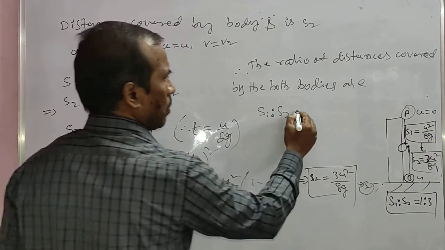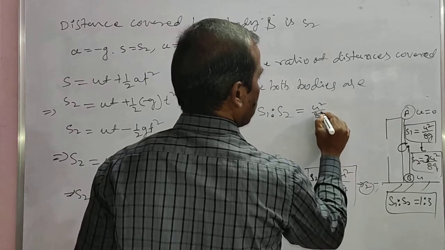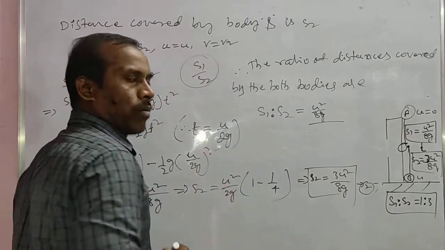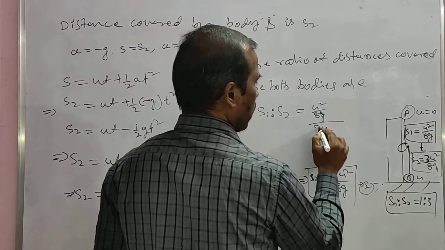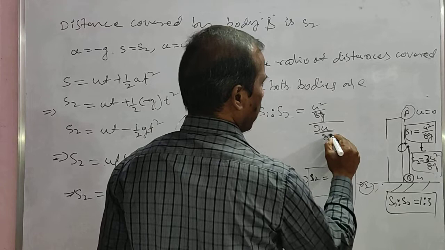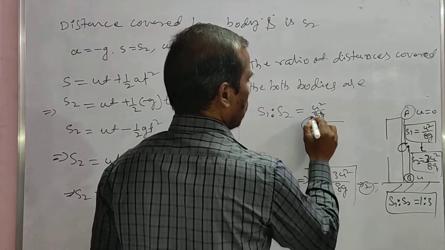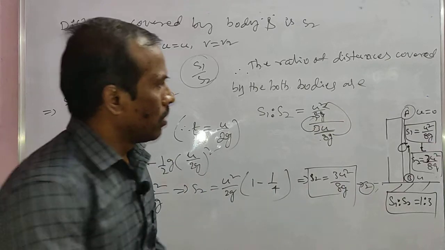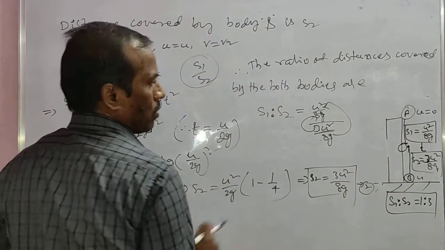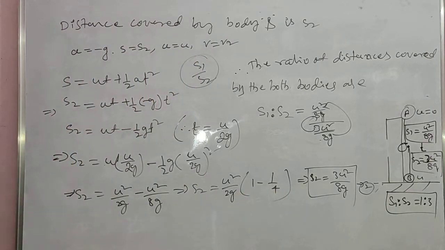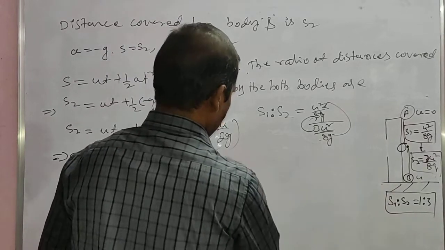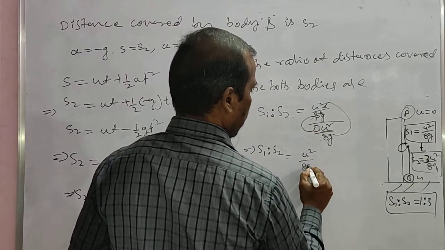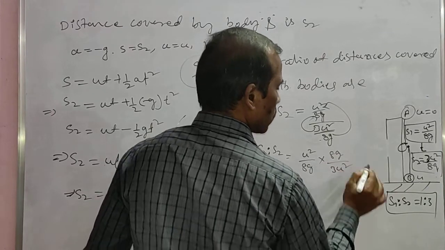S1 is to S2 is nothing but S1 by S2. So u square by 8g divided by S2, which is 3 u square by 8g.